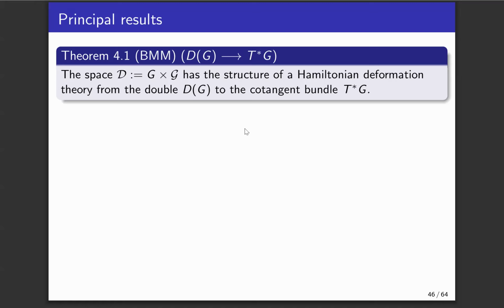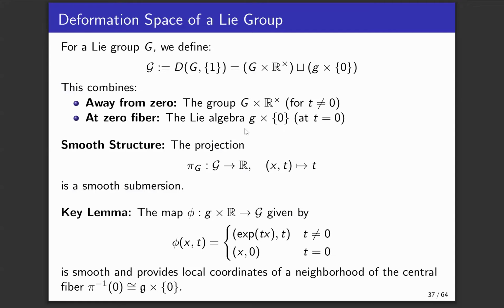So the idea is to use this map phi, because this map phi is a parametrization of an open neighborhood of this central fiber over 0.